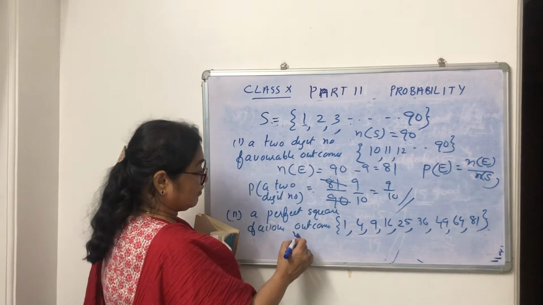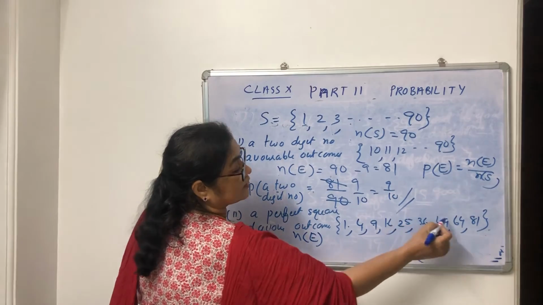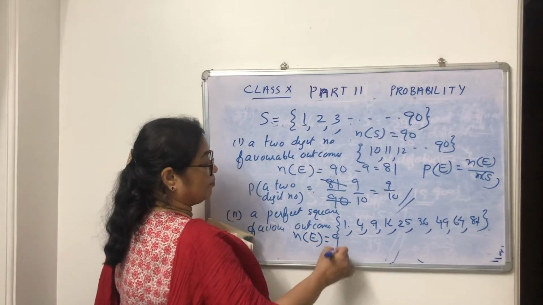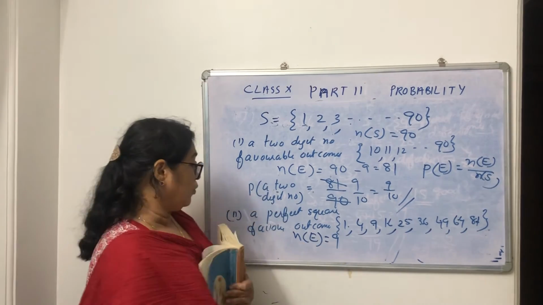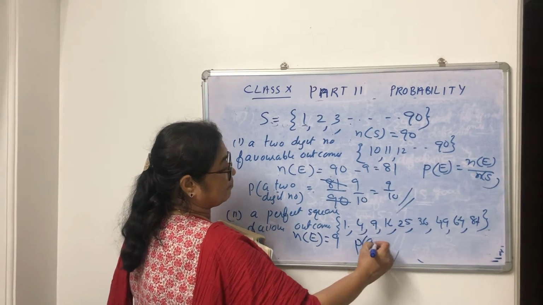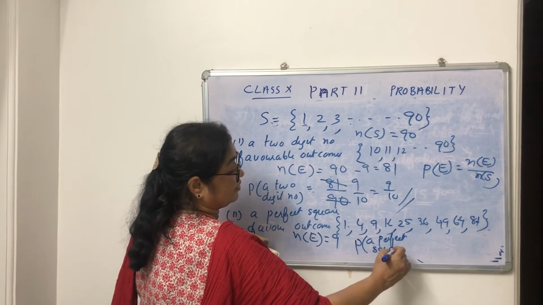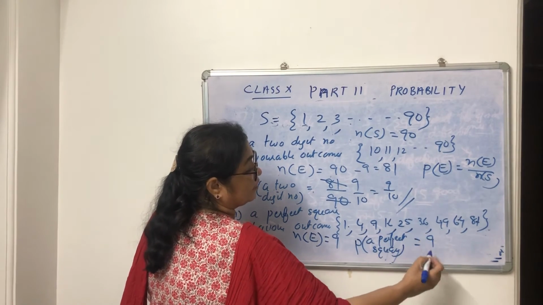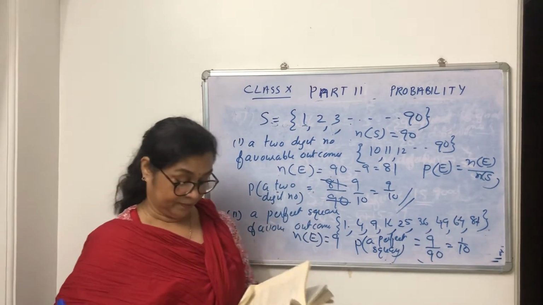So what is our NE? How many are there? 1, 2, 3, 4, 5, 6, 7, 8, 9. So the perfect squares are 9 numbers. Therefore, the probability of a perfect square is 9 out of 90, so it is 1 by 10.